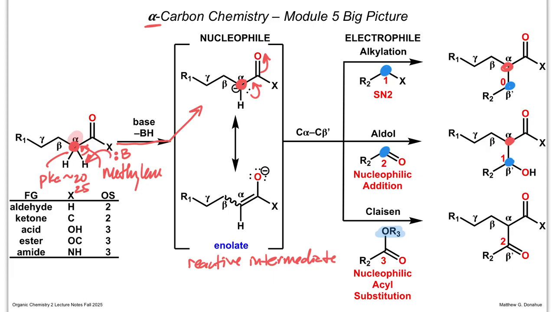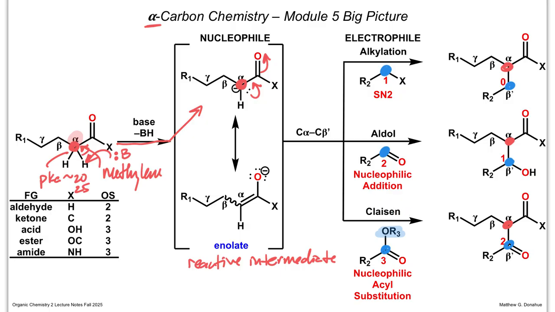Using the colored dots, that blue carbon ends up there. And there was our red alpha carbon. So because beta prime is now at oxidation state 2, by necessity it has to be now a ketone, because you have carbon and carbon. That tells me this came from a Claisen.